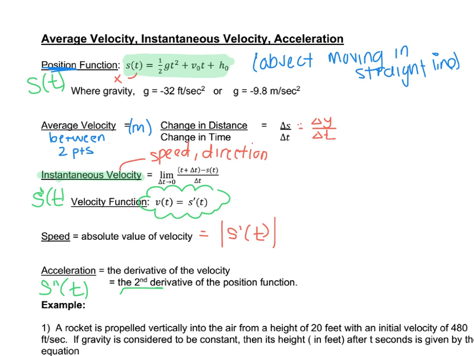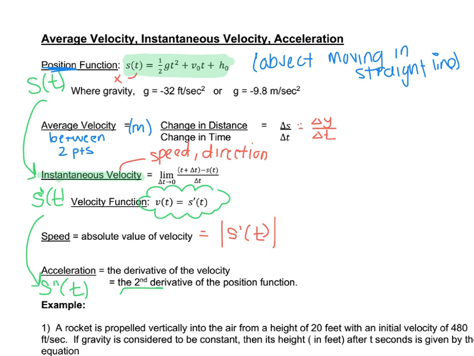So I'm going to draw these arrows here. We have the original position function right here. If I want to know the instantaneous rate of change, that's the velocity, I take the first derivative. If I want to know the rate of change of that velocity, which would tell me the acceleration, that would be the second derivative.